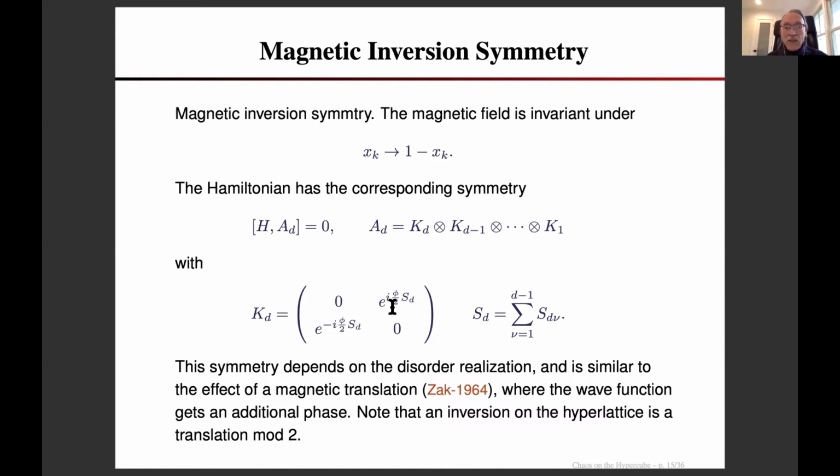And the phase factor is given by the sum of all orientations in d dimensions. Of course, the square of this inversion, so A_D squared, is equal to 1, because each of the squares of K_D is equal to 1. So that means that the spectrum splits into two pieces as flux changes.